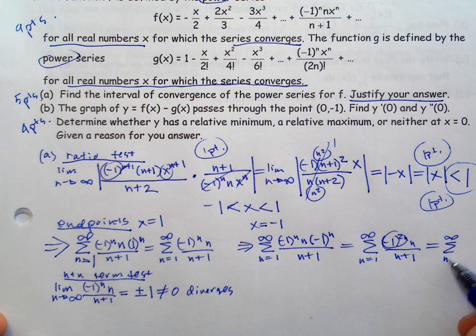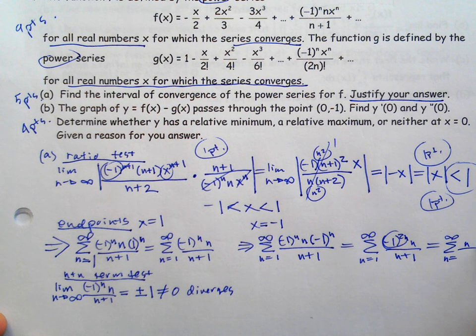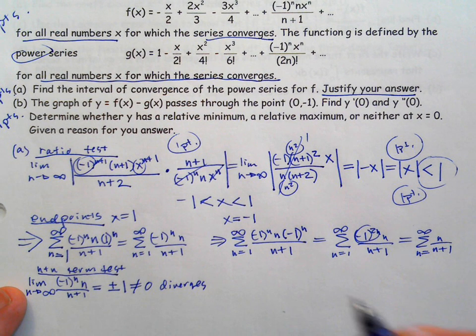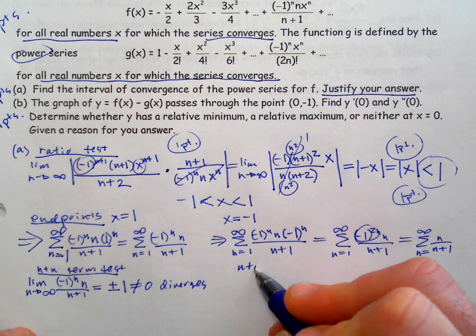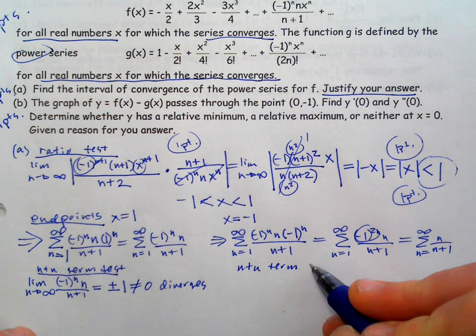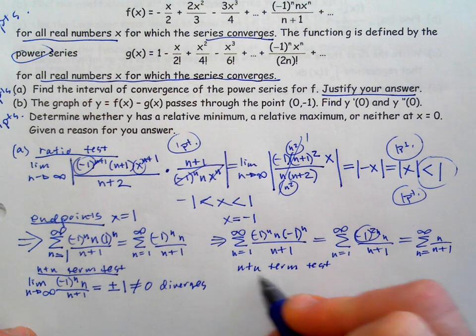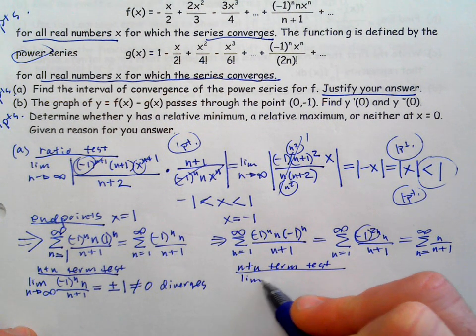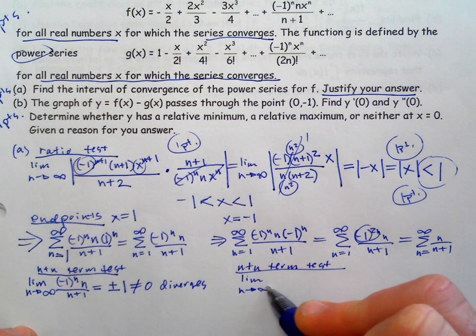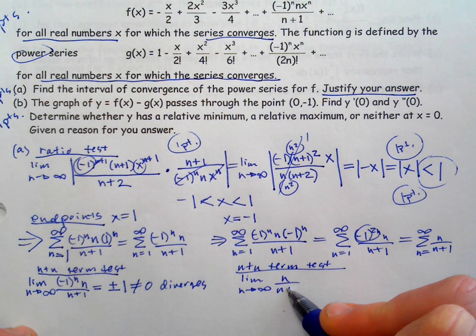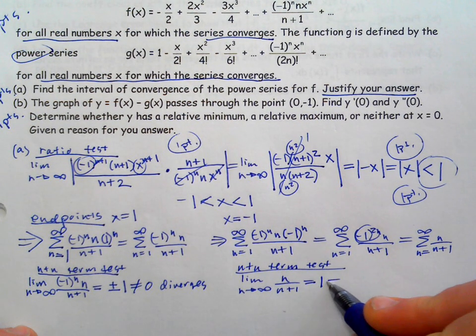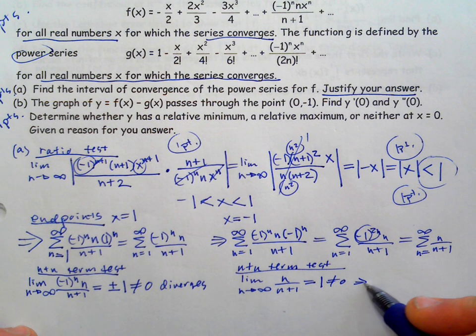So it's just going to be n over n plus 1. And so same idea. Nth term test. You got to do each one, though. Just like the nth term test, limit as n goes to infinity of n over n plus 1 goes to positive 1, which doesn't equal 0, which means it diverges.